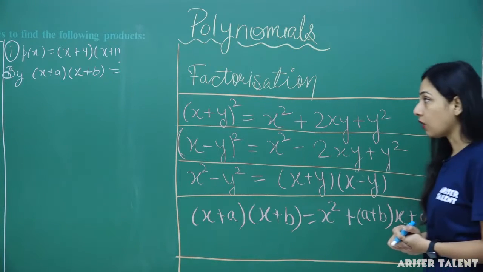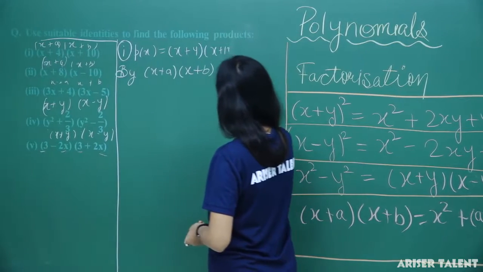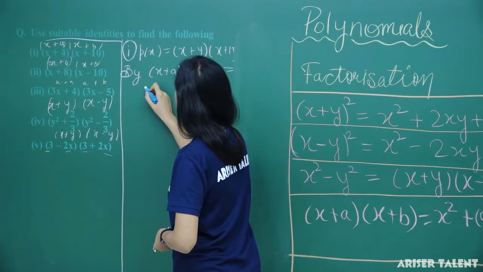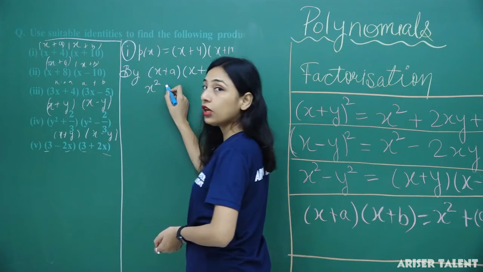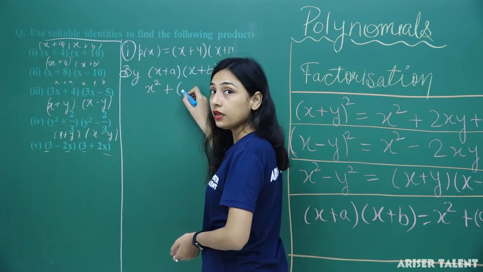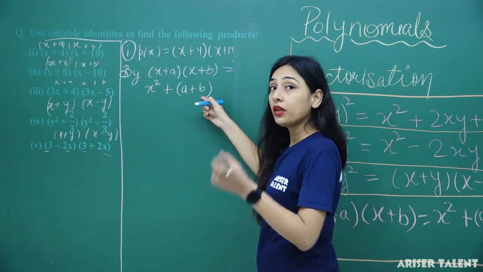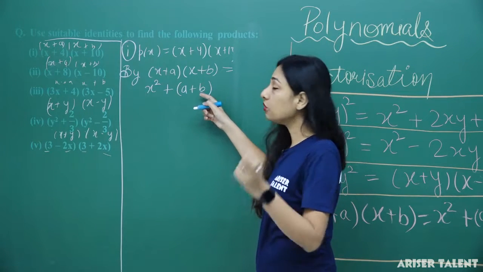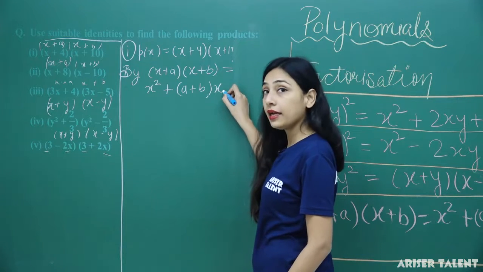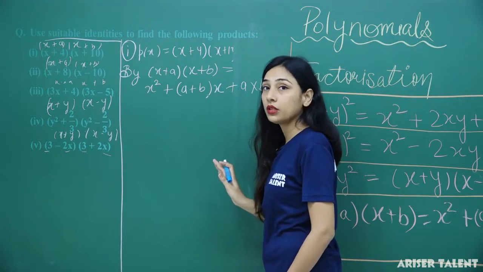Okay, now come to this side. You are having the same formula here, so we will get x square, what I have told you, x square plus a plus b, the summation of these two multiplied by x, plus the constant multiplication as a constant only.